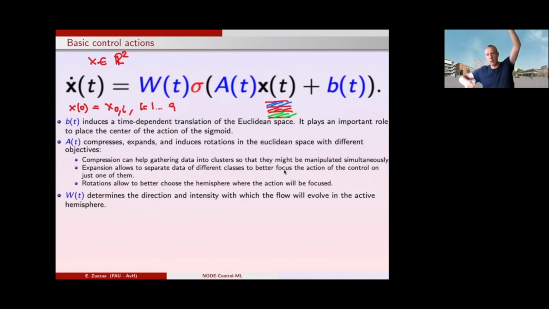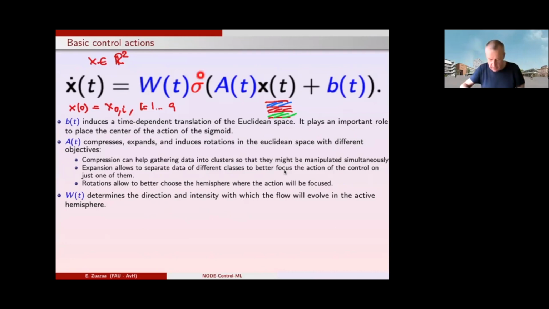So some components are pulled more than the others thanks to this matrix A. This B is just a translation. Once you choose this B and this A, you are translating the space, rotating it, compressing it eventually, and then you apply sigma.